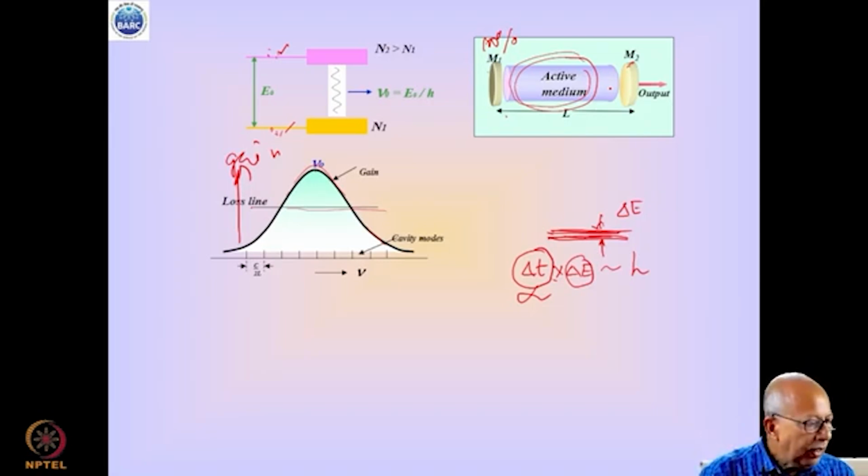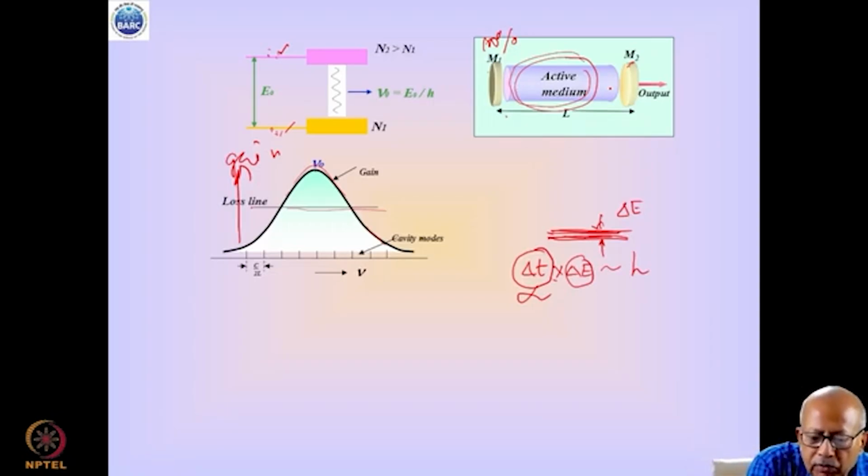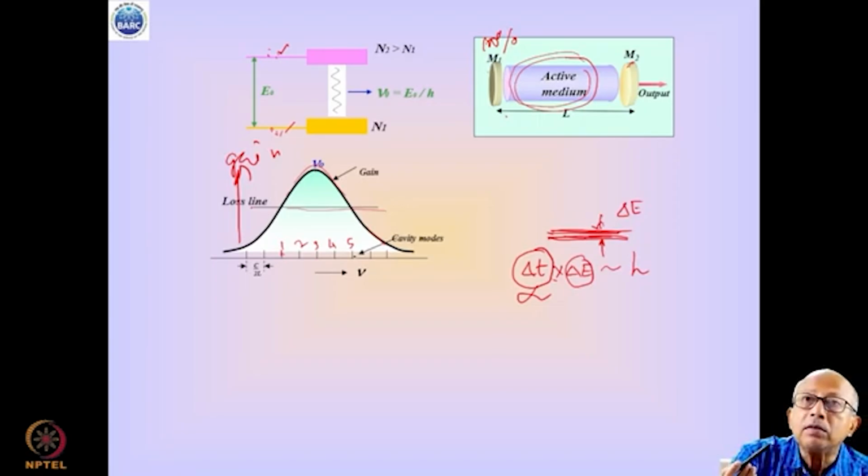Now you see, in this particular example, 1, 2, 3, 4, these five modes have gain exceeding loss. Therefore, they only will be able to lase.